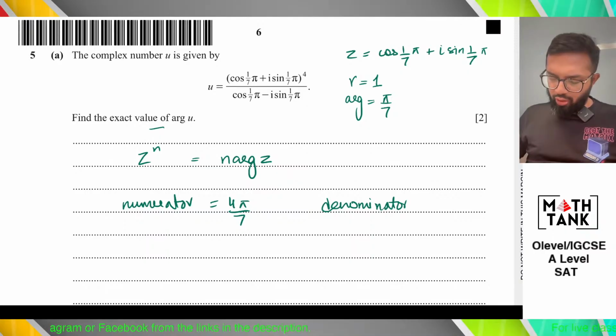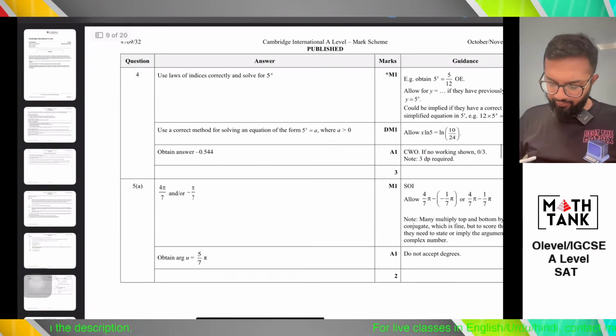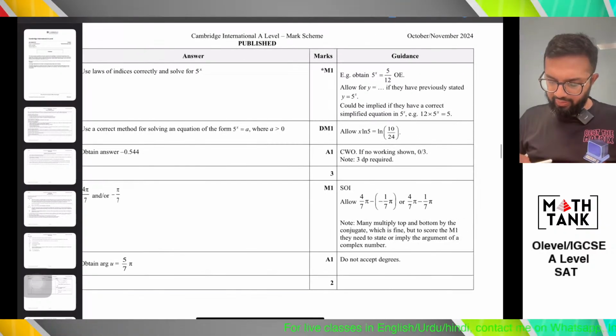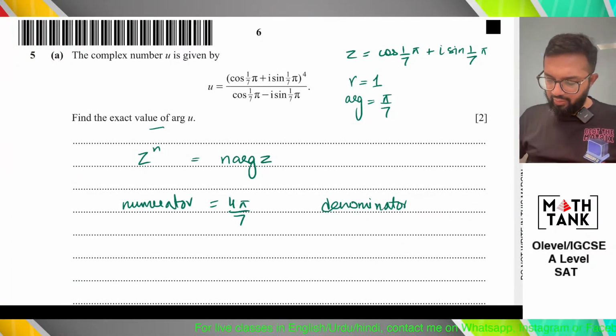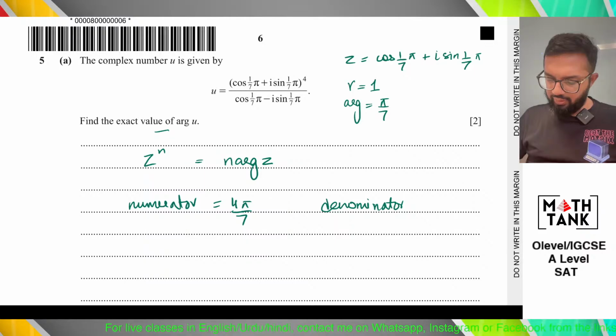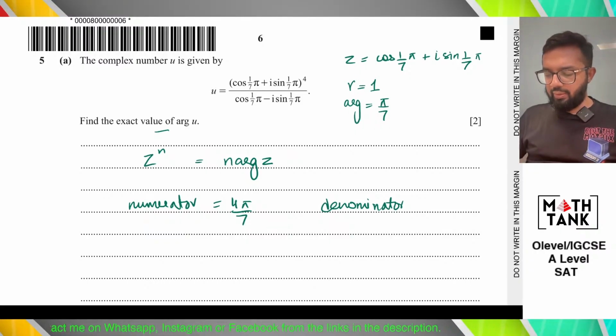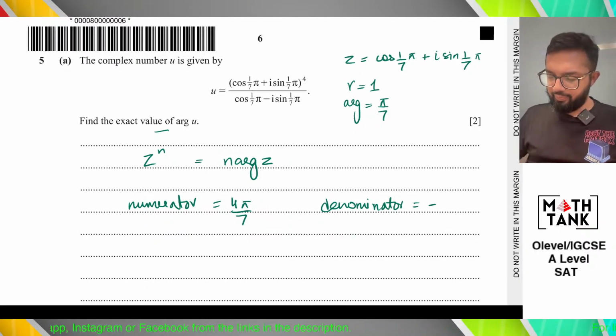Okay, let me check about the negative sign. That's what's bothering me right now. It is minus pi over 7. This would have an argument of minus pi over 7, because of this negative.